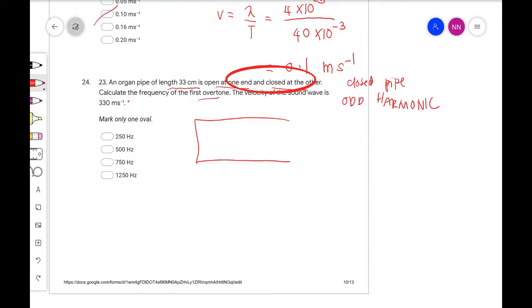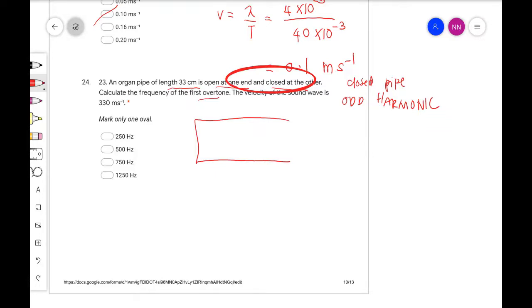This is the length of the pipe L, and relate how many lambda in this waveform. We have half plus 1 over 4, so it equals 3 lambda over 4. So lambda equals 4L over 3.